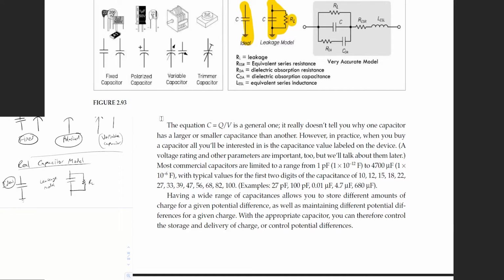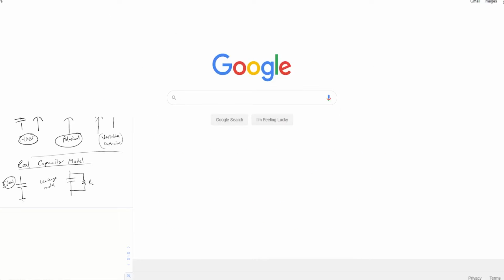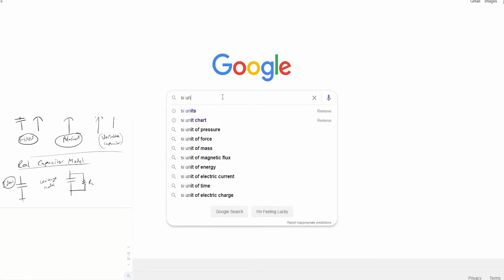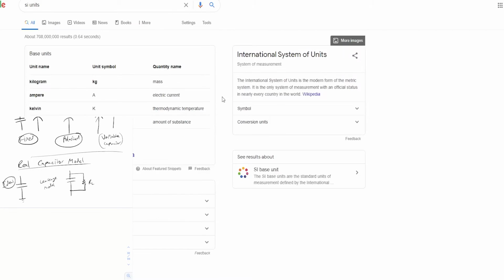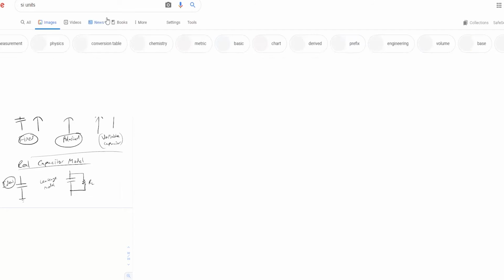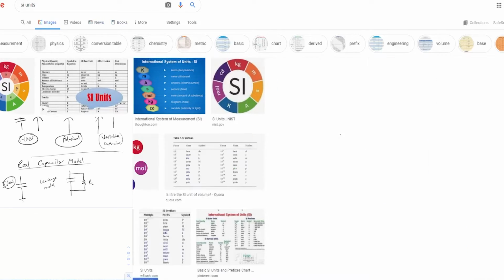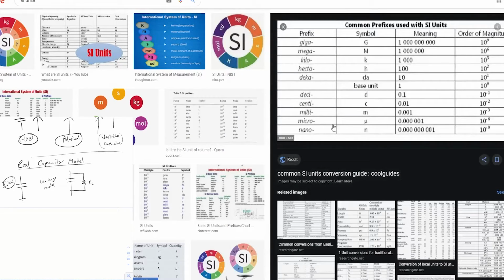Most commercial capacitors are limited to a range of 1 picofarad. Is that trillions? By the SI units, pico.